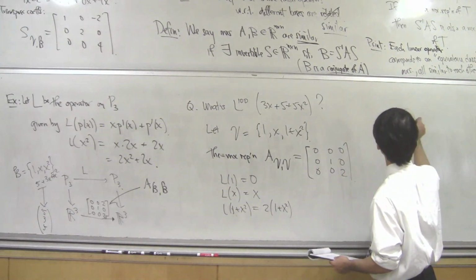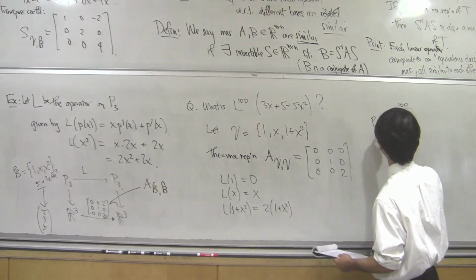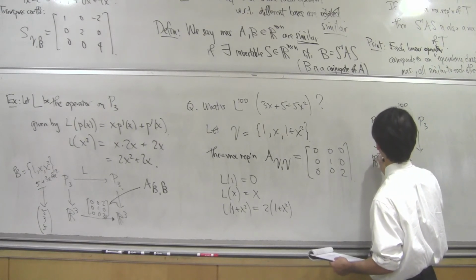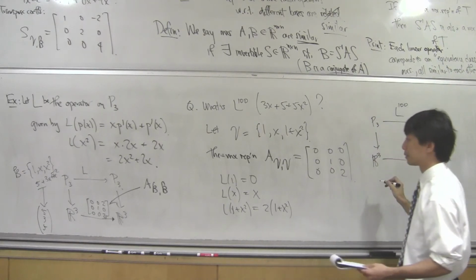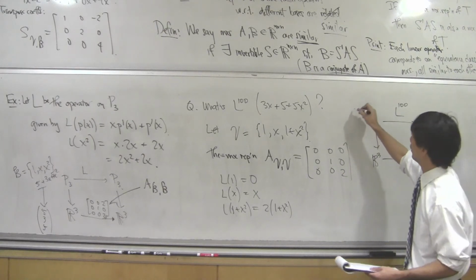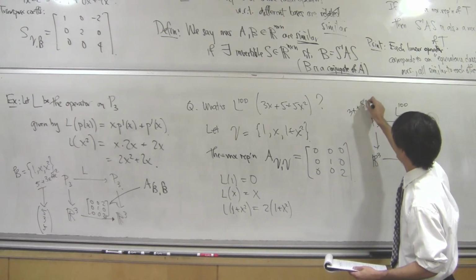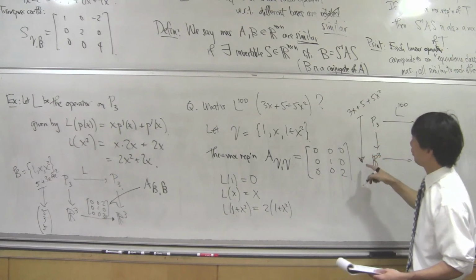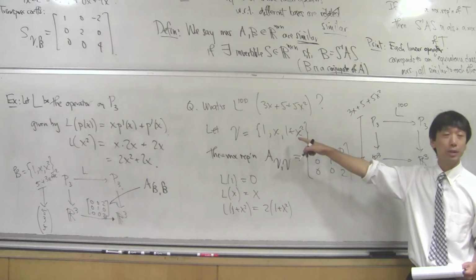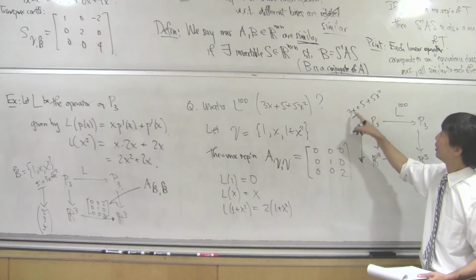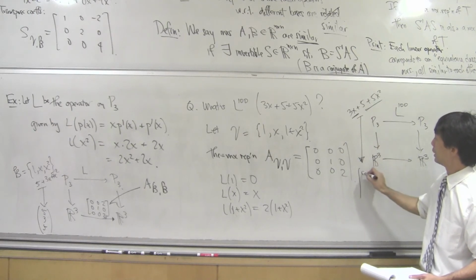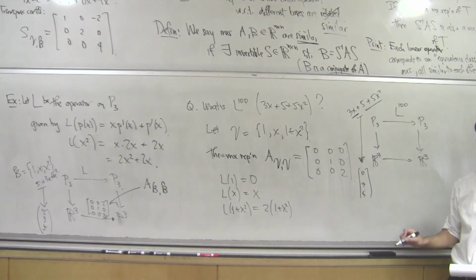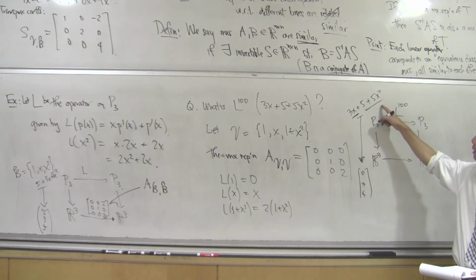You say, okay, if you have this guy 3x plus 5 plus 5x squared, what does that get mapped to in the V basis? Well, that'll be 0, 3, 5.